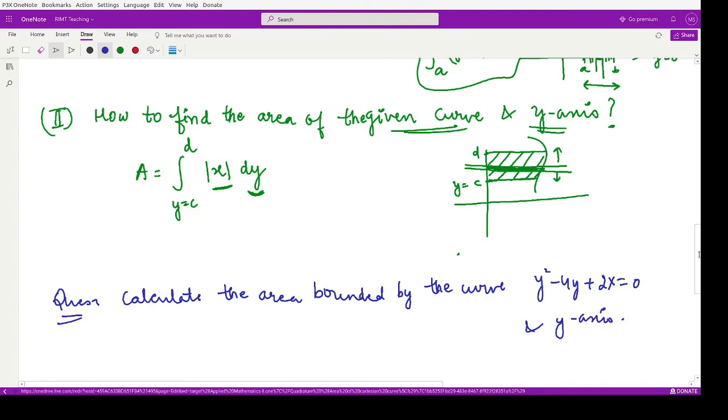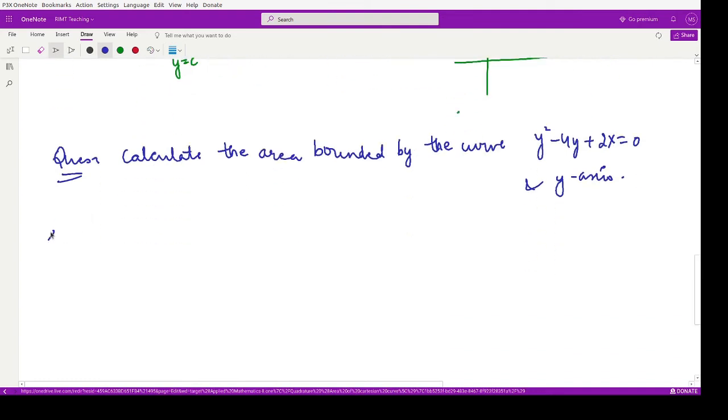In order to calculate the area, firstly you would have to visualize what is the region given to you. So for that we will try to complete the square of this term y.